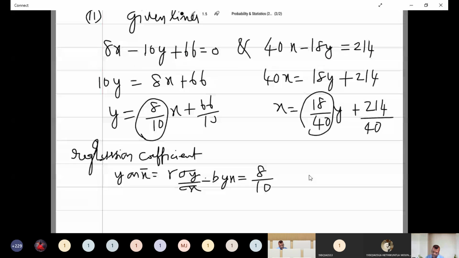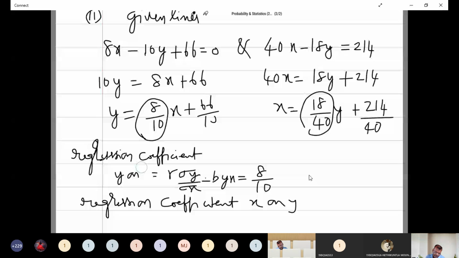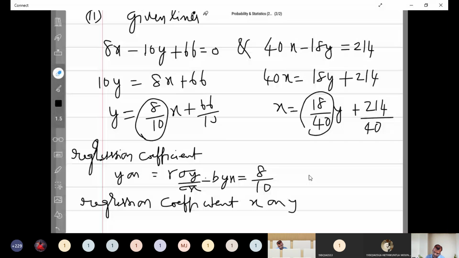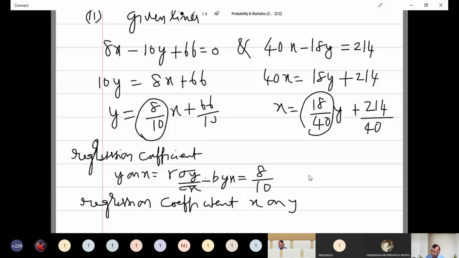Similarly, regression coefficient x on y is equal to r into sigma x by sigma y, that is equal to bxy.